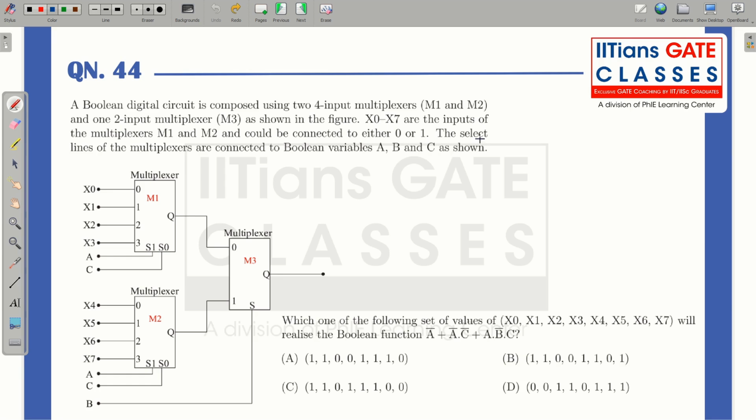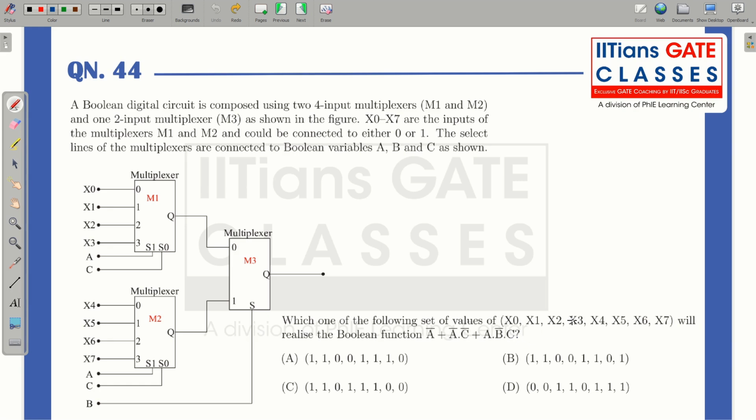The select lines of the multiplexers are connected to Boolean variables A, B, C and C as shown. Which one of the following sets of values from X0 to X7 will realize the Boolean function A complement plus A complement dot C complement plus A B complement C?